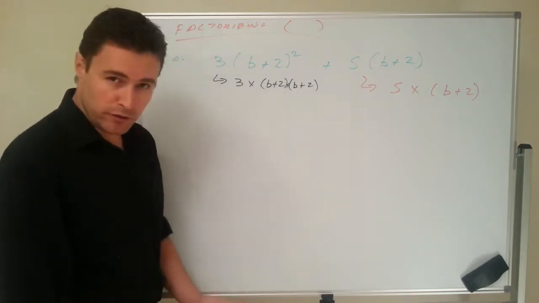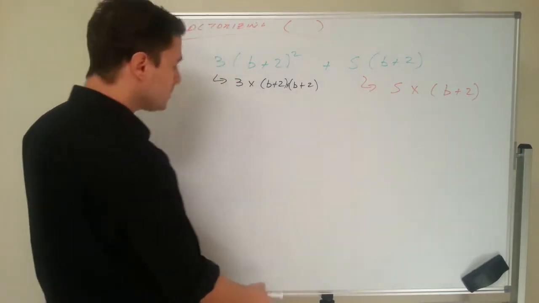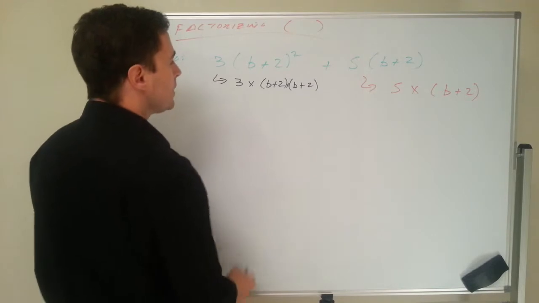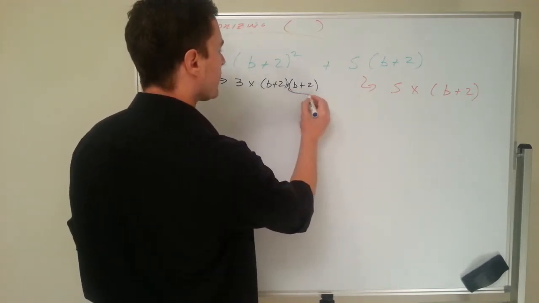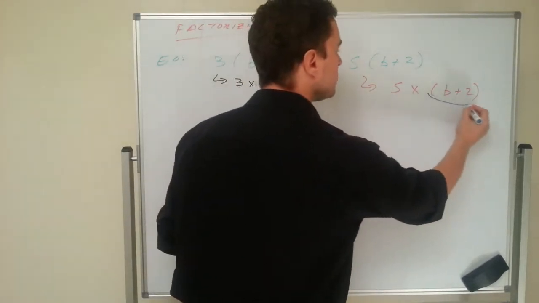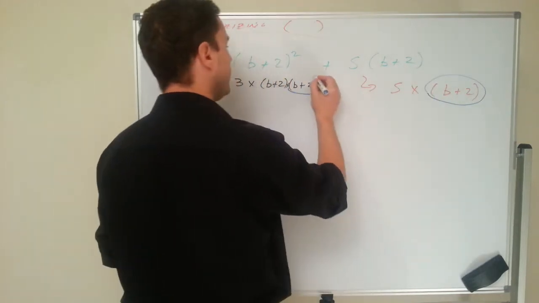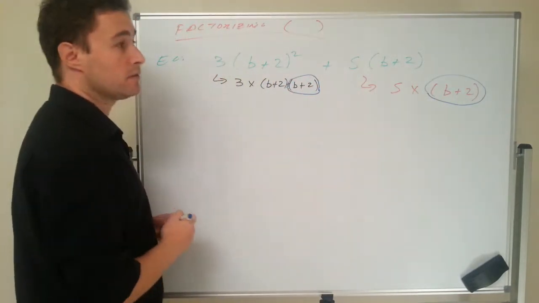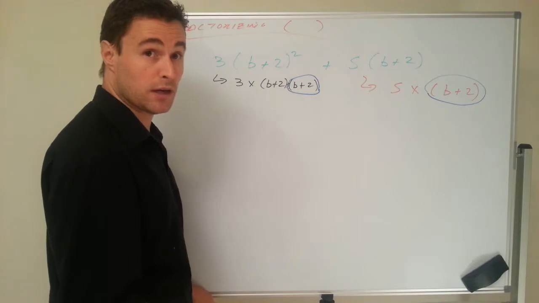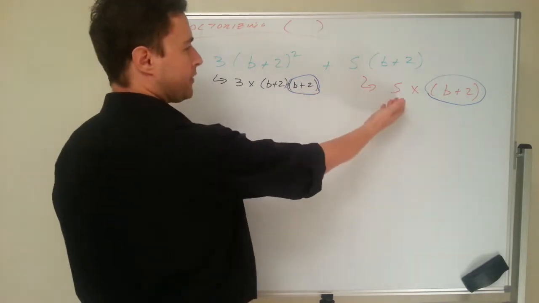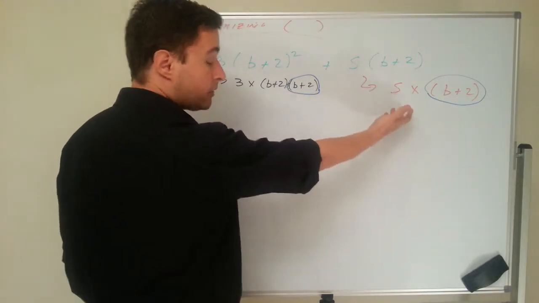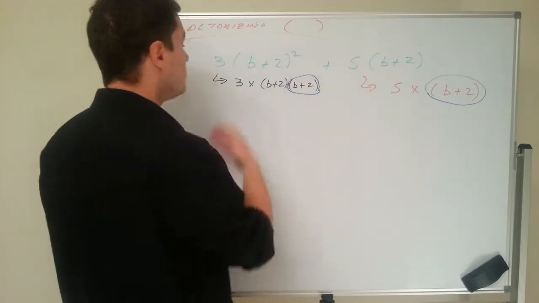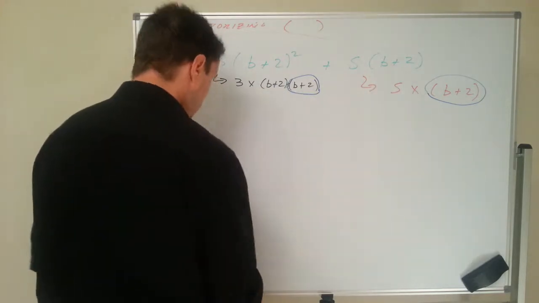Well, if you watched the previous video on factorizing, you'll know that the most I can take out of this is one of the brackets, because that's what's the same. Those are the two things that are the same. Nothing can go into 3 and 5. They don't have a numerical common factor, where if they did, I'd be able to pull that out. I've just got a bracket that's the same. So let's pull it out.